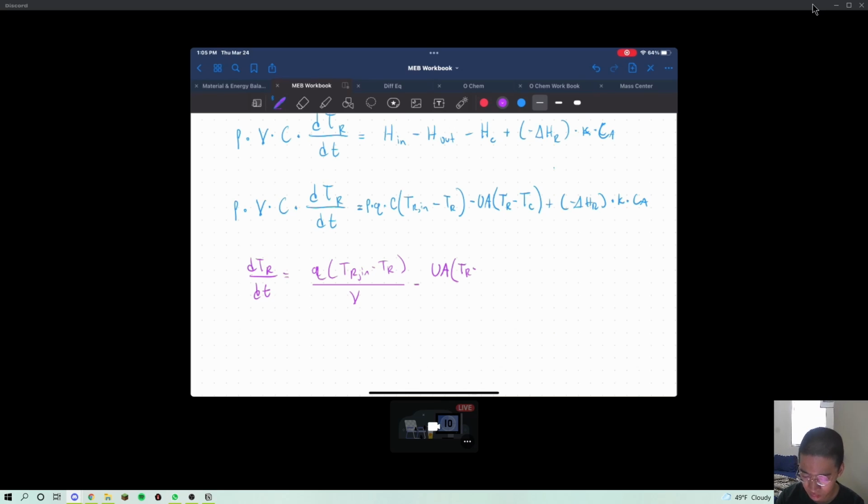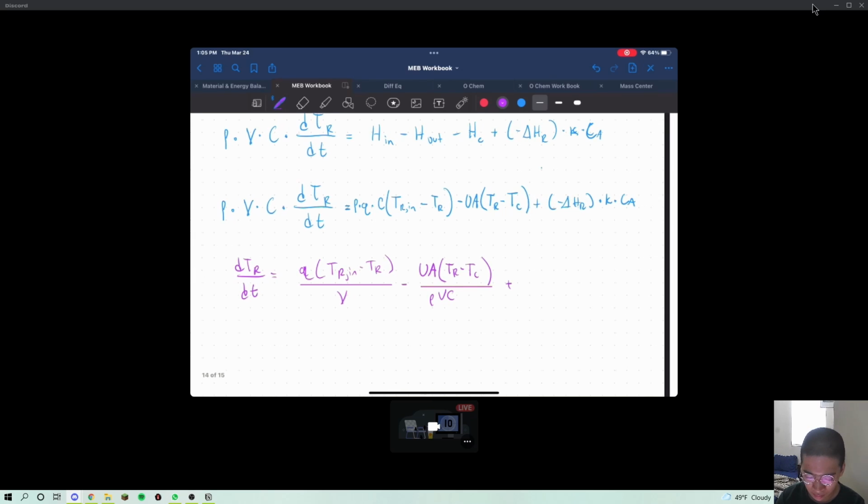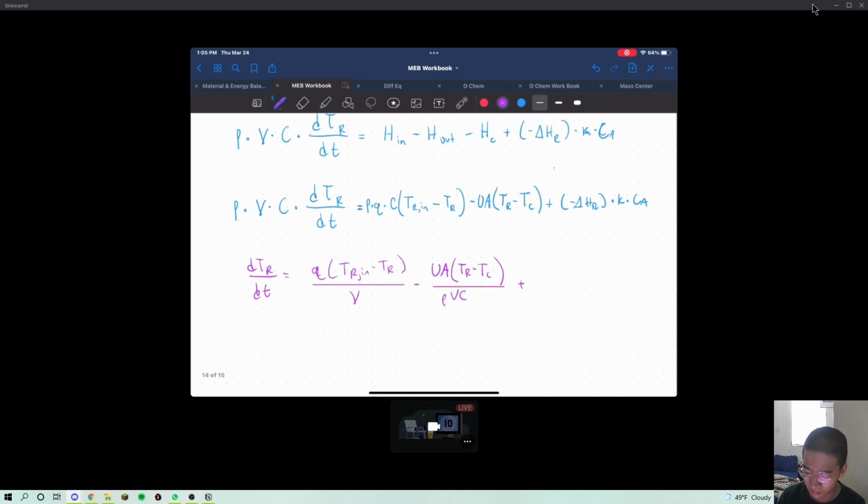Over temperature of the reactor minus the temperature of the coolant, all over rho V C. Nothing cancels here. Rho V C. Here, only does C cancel out? Or am I missing something? I might be missing something. Well, let's write it out anyway.